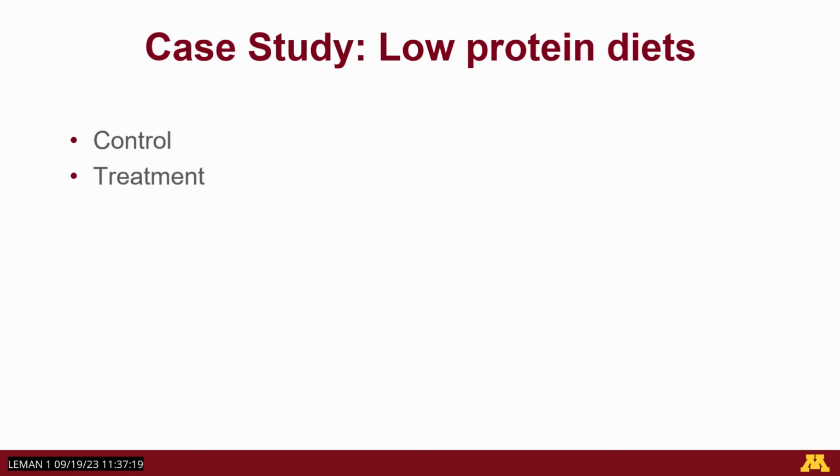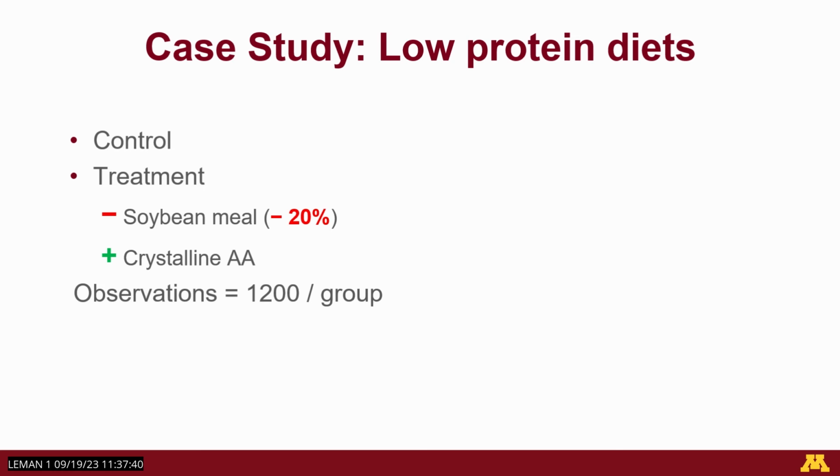The treatment is a similar diet to the control, but we reduce soybean meal, from about 12% to around 10%, and we add crystalline amino acids. This is a simple experiment we can perform in a barn. We perform the experiment, with 1,200 animals per group, and we get no differences among groups, and we say, okay, we can replace soybean meal with crystalline amino acids, no problem, and we're going to save some money.